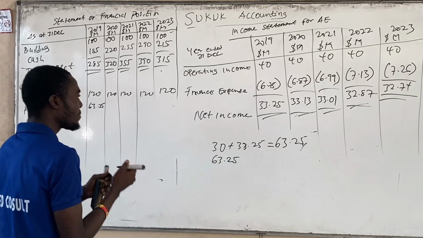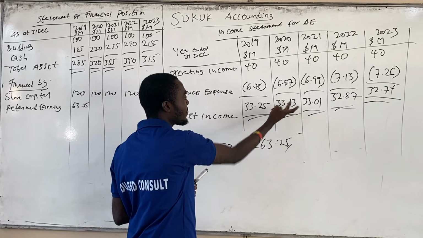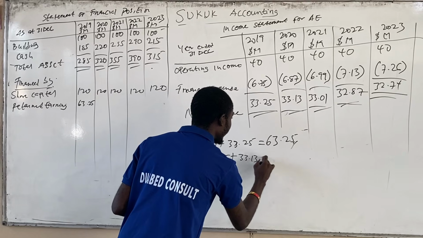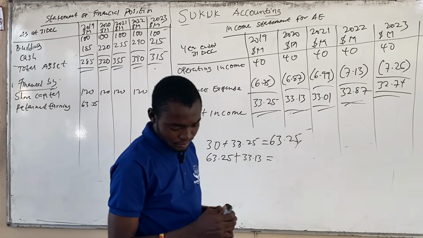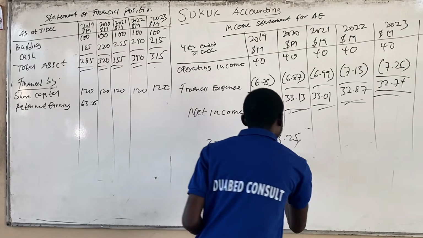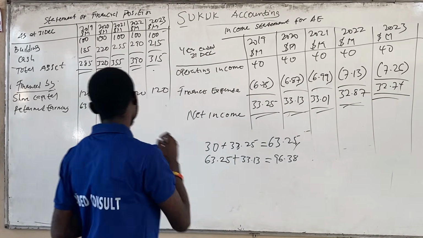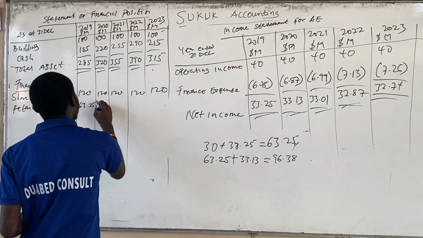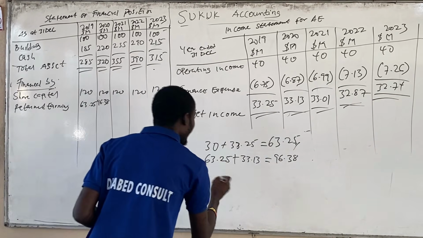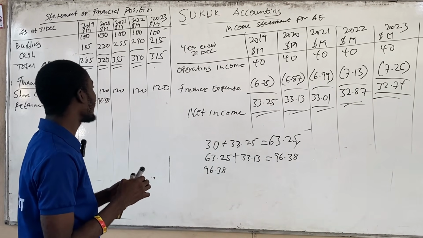For the second year, we made a net income of 33.1, so you add 33.1 to this, and this will give us 96.38. This 96.38 will serve as an open balance for the third year.